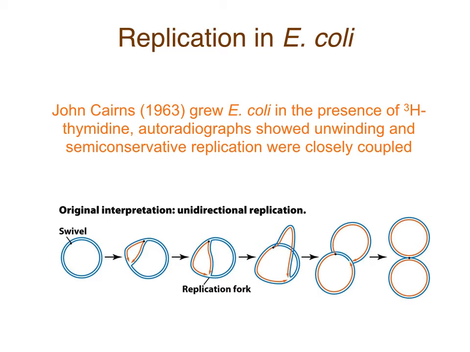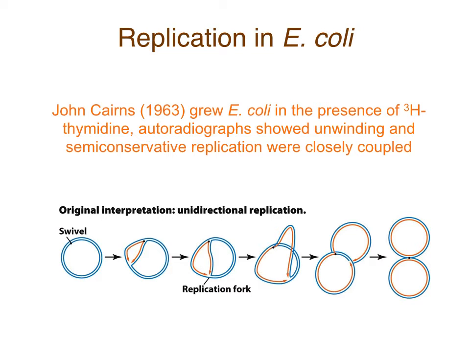So he lets them grow for a certain amount of time, then a little bit longer, a little bit longer, a little bit longer. At each of those, in a way, he can take snapshots of the DNA growing. And so this was a way to visualize the replication of the DNA.